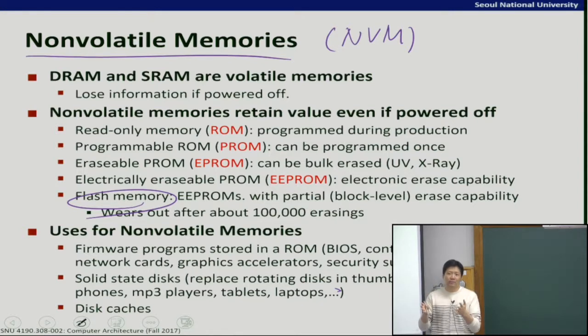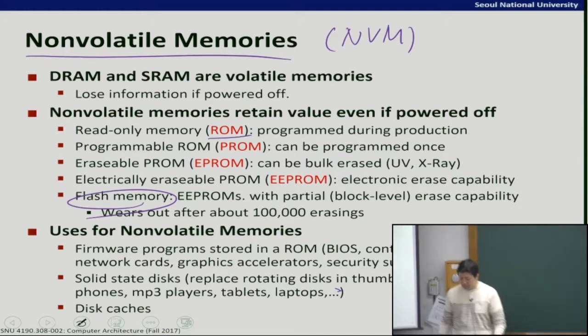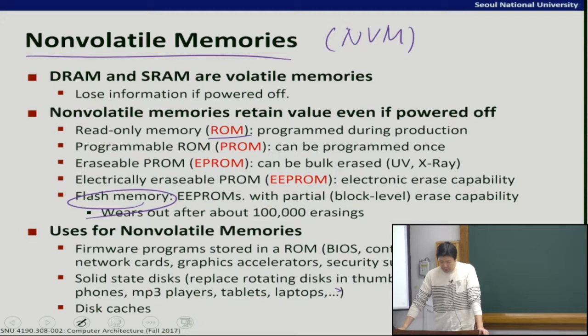Then you can program this memory chip, and the value will be stored forever, even though the power goes off. That's how these ROM devices work. ROM is read-only memory, usually built using an array of fuses.